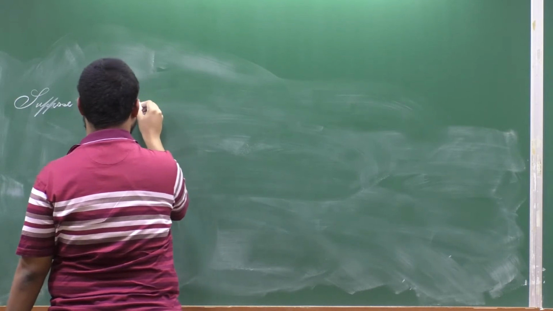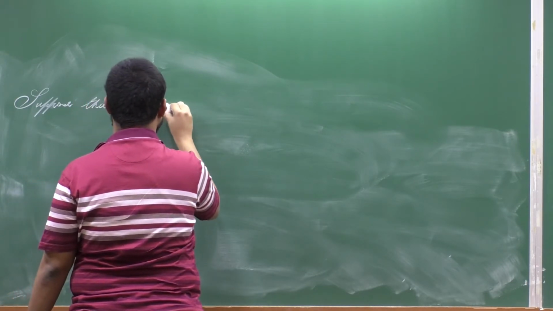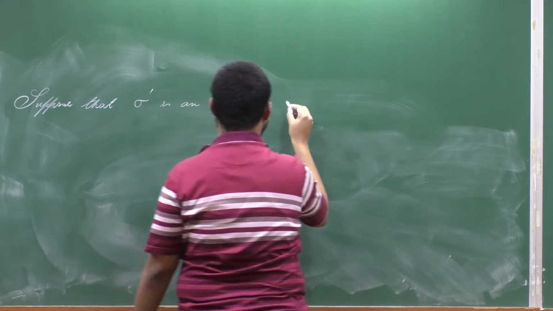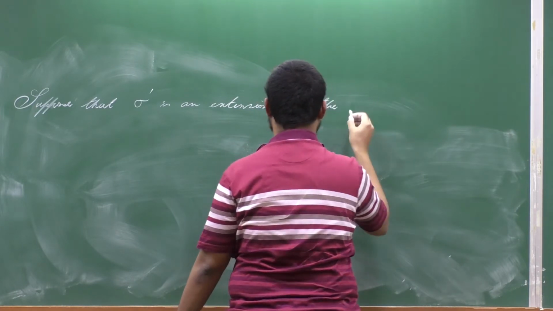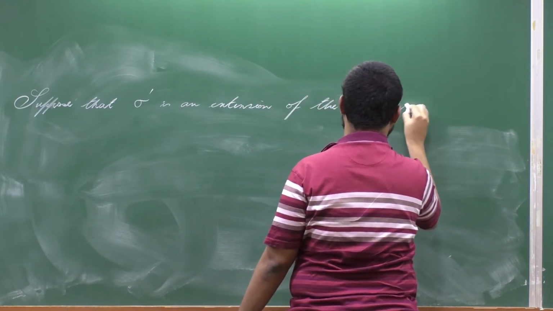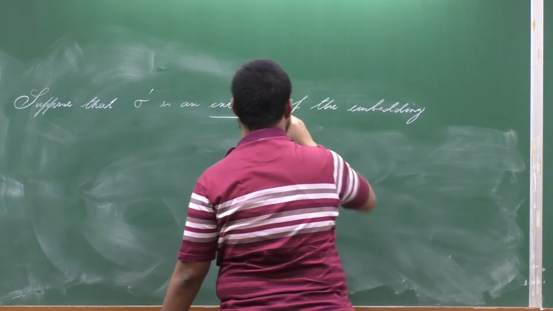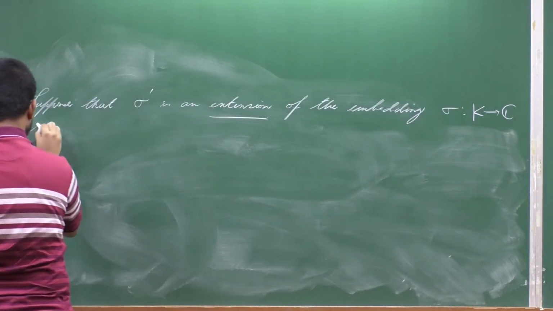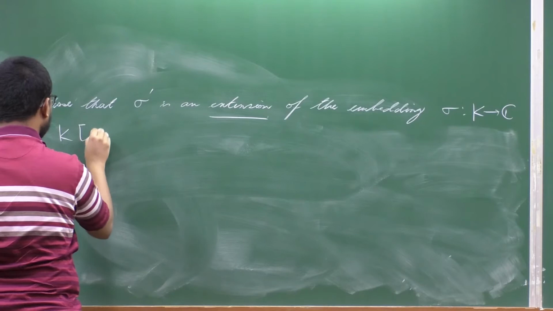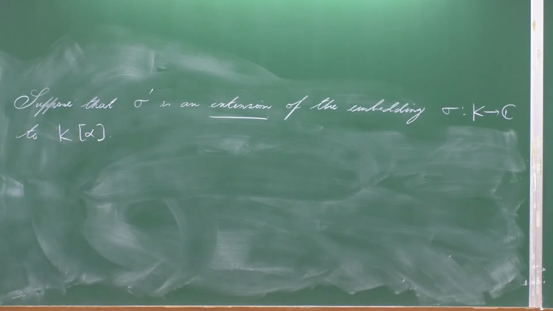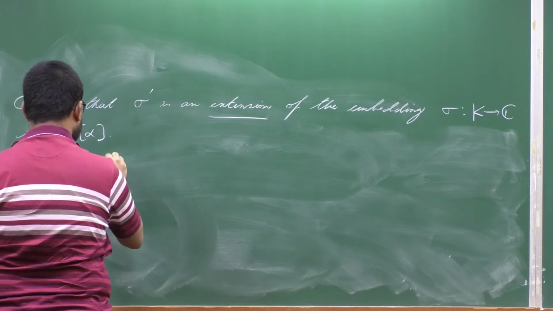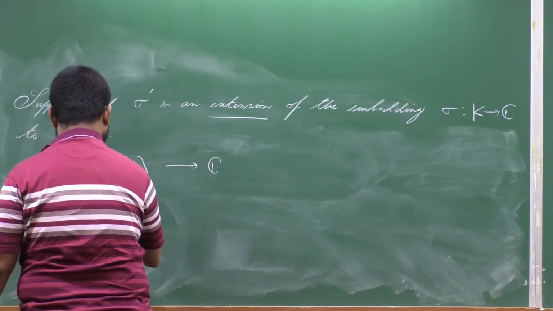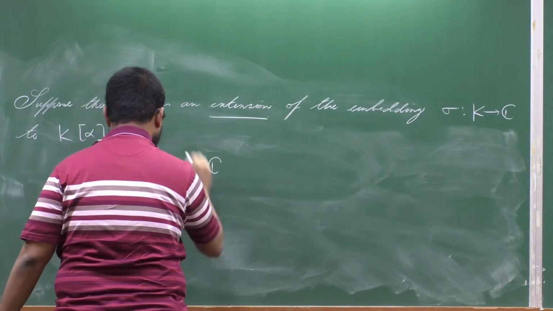Suppose that sigma prime is an extension of the embedding sigma to K(alpha). So sigma prime is a homomorphism from K(alpha) to C, and sigma prime restricted to K is sigma.